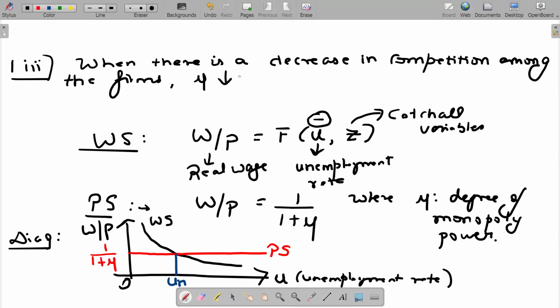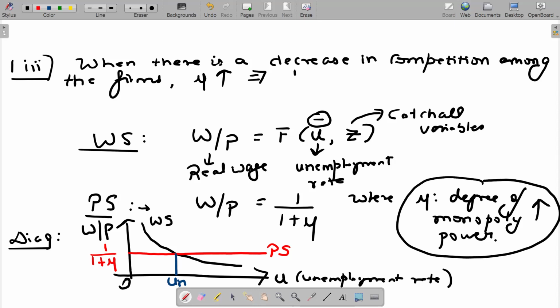Let me correct myself. When there's a decrease in competition among the firms, it means you're moving more towards monopoly. Remember, when competition is falling, you are becoming more of a monopolist. Mu will rise. Decrease in competition means increase in monopoly power. Remember, so mu will rise.